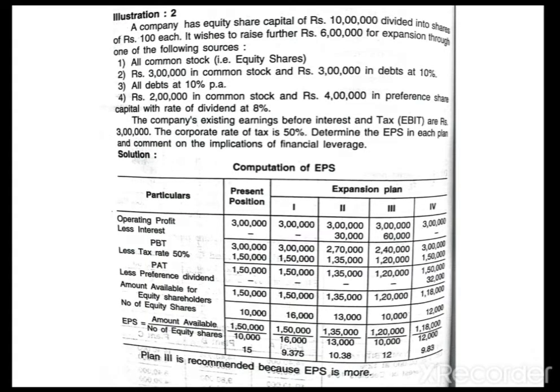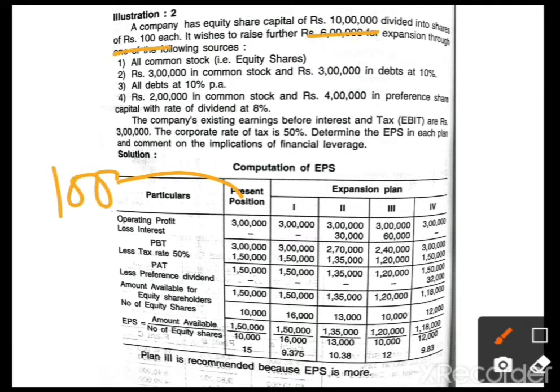So in the present position, which was already given in the previous class, I will give you one minute again. See, in the present position, the equity share is 10 lakh divided by 100, which is 10,000. You have to write it. In plan 1, old plus new, in every plan you have to take old plus new. Old is 10,000. Okay.